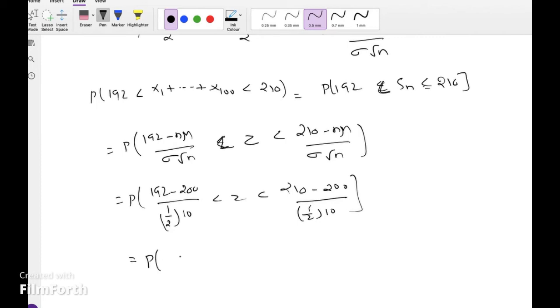That is equal to probability of minus 1.6 less than z less than 2.